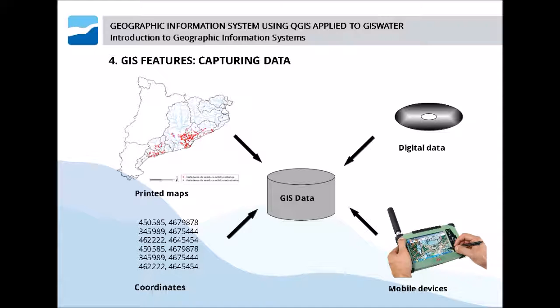Capturing data: whether we have to georeference using printed maps or digital data or an XY coordinate file via mobile devices, GIS is a technology that evolves very fast and allows us to use it in situ in order to collect all the necessary data for our work. This means that we can take our mobile device, which has our GIS installed on it, and collect the data we need when we are collecting information in the field.